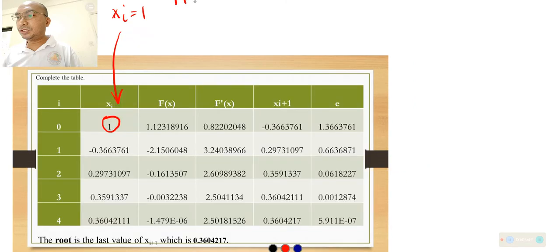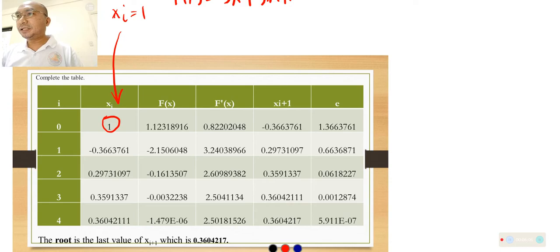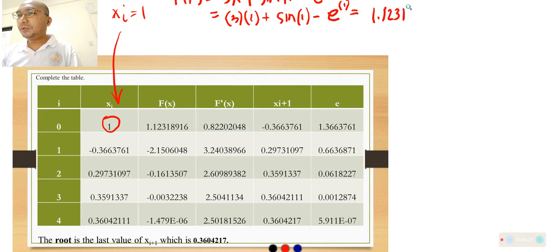So f of x, if we substitute the value, is 3 times 1 plus sine of 1 minus e raised to 1, and that will give us 1.12318916. That value is that one.